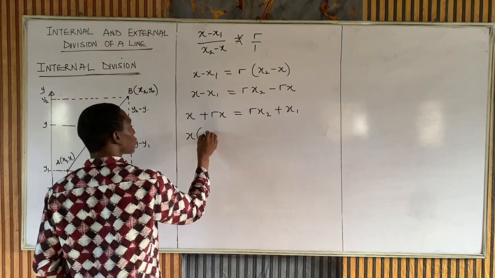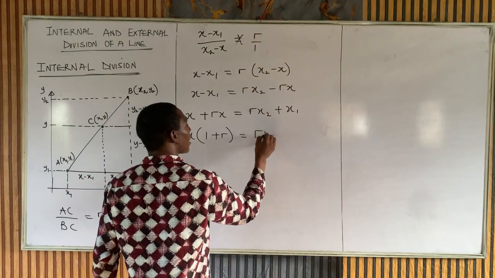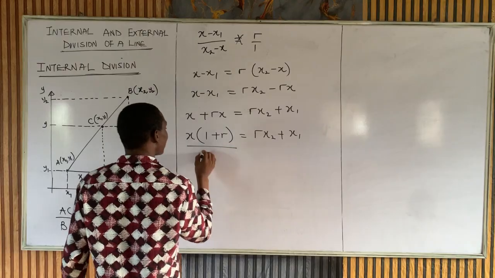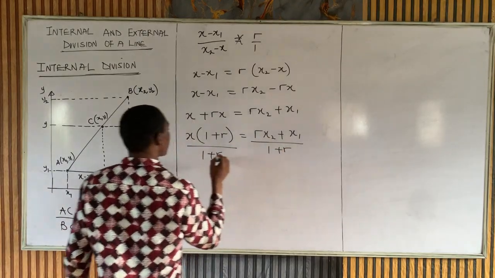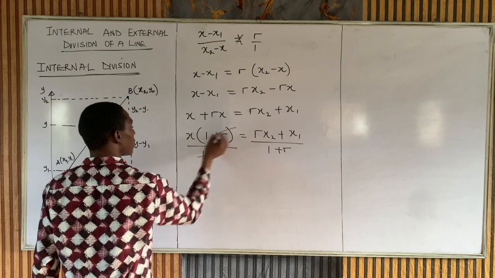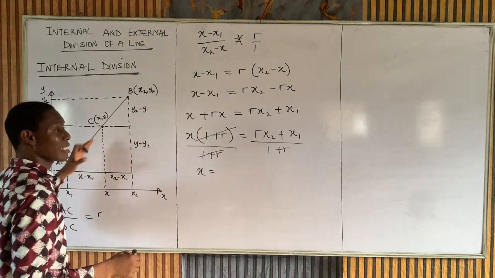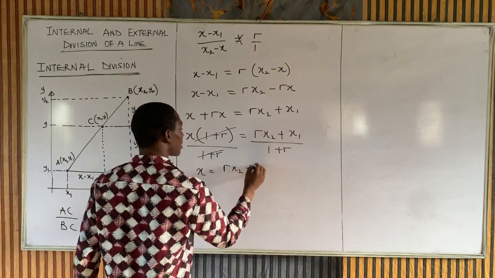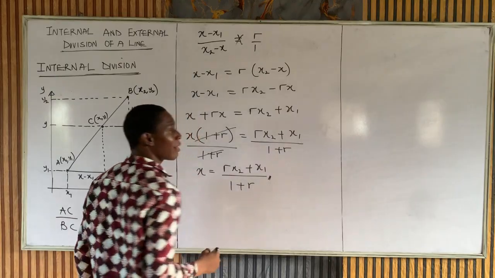Factorizing x will give us 1 plus r being equal to rx2 plus x1. Now dividing both sides by 1 plus r will then give us that x, the coordinate of C that divides this line in a given ratio, is simply rx2 plus x1 over 1 plus r. And that's what we have.